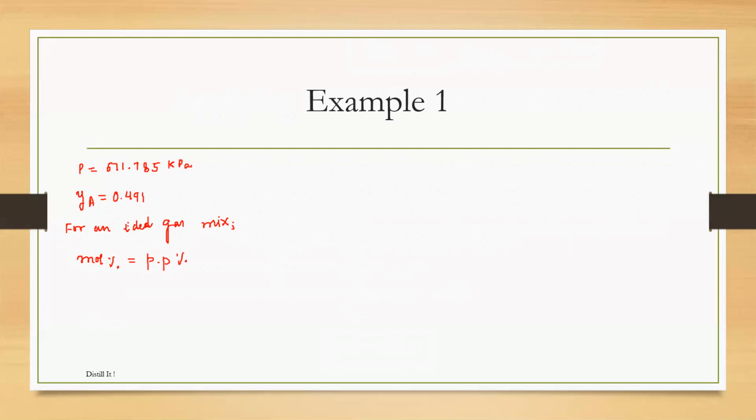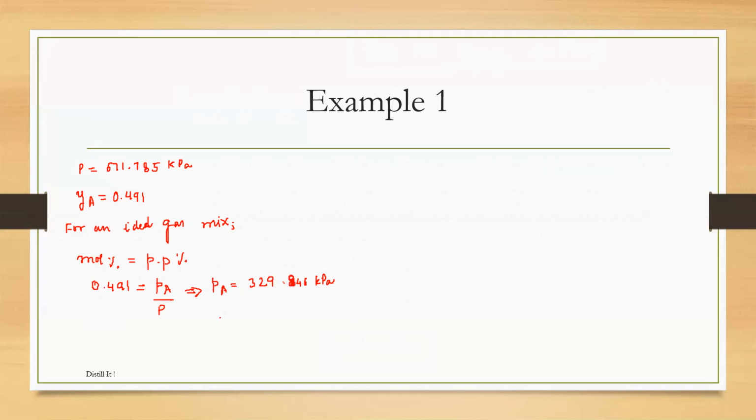So the partial pressure of A is going to be 0.491 times the total pressure, 671.785, which gives us 329.846 kilopascal.